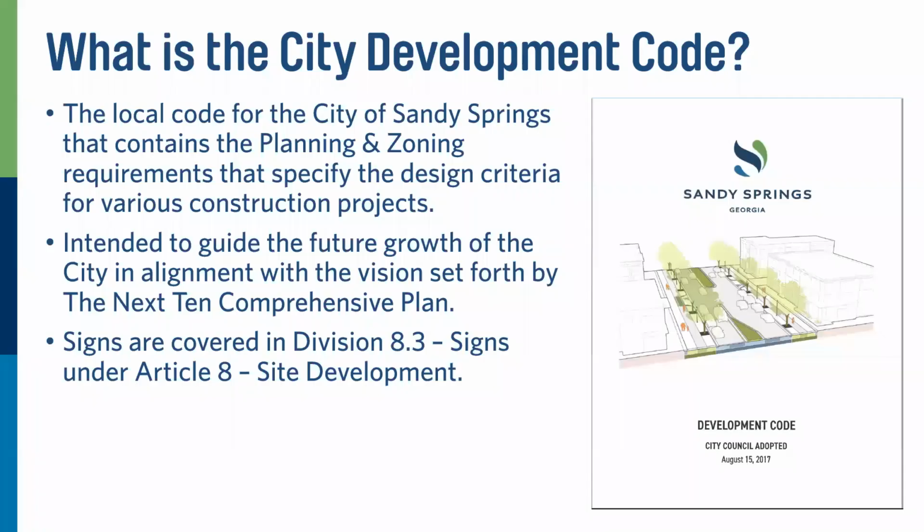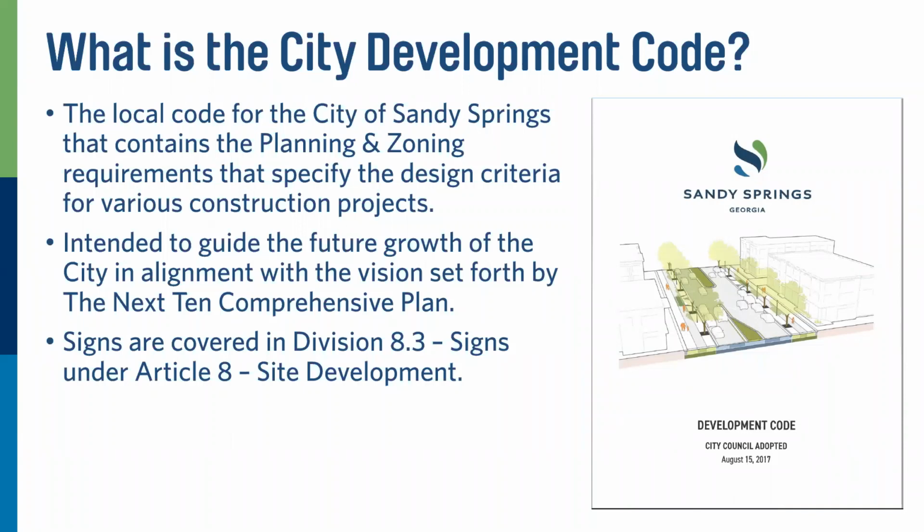So the development code, what is it? Like I said, it's the local code for the city of Sandy Springs. It's basically all the planning and zoning regulations. They dictate the size, location, etc. The development code has a lot more in it as far as what you're allowed to build on your property, where you're zoned, what your setbacks are, and things like that. It was intended to be a guide for the future growth of the city.